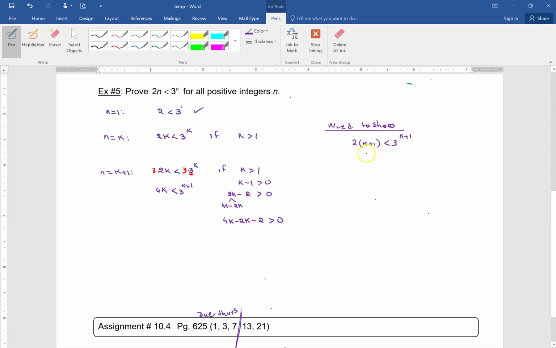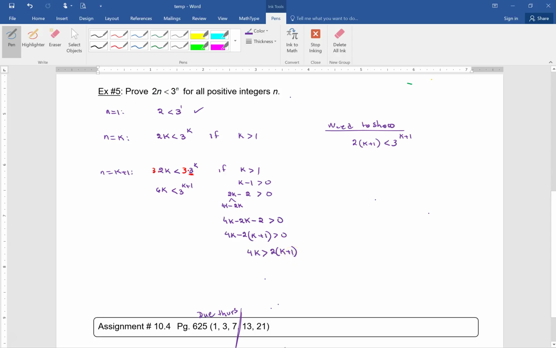Now, I need a 2 times k plus 1. I can totally get that from here. Because look, this is 4k minus 2 times k plus 1 is greater than 0. Okay? So now why don't I take this over there? So 4k is greater than 2k plus 1.